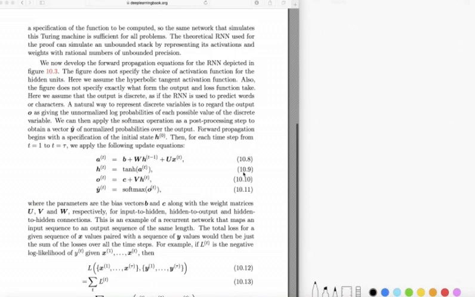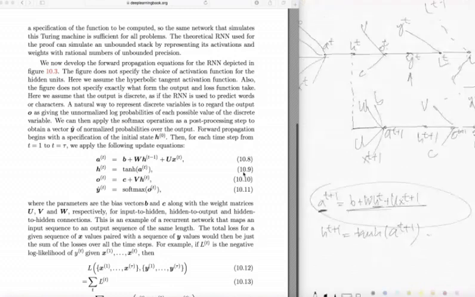Since this L was just a sum over t of L_t, I have to compute the derivative of this L with respect to this W. So I'll first compute partial L over partial L_t, then partial L_t over partial O_t, and partial O_t over partial H_t, and then traverse all the way back to W. That's what I'm going to do.